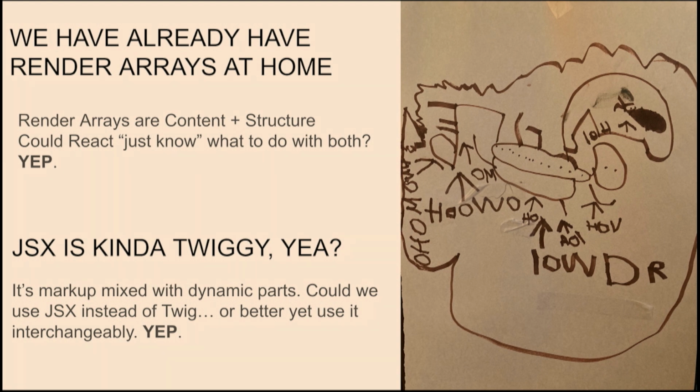This is based on a belief that we already have render arrays at home. Drupal render arrays, right? It's content and it's the structure. It has all the information you need about what's going to go on the page and where it's going to go. If you're dealing with a conventional headless application, you're providing the content.